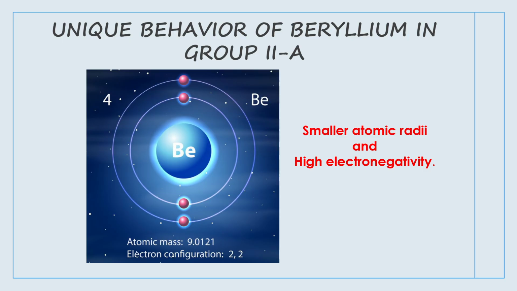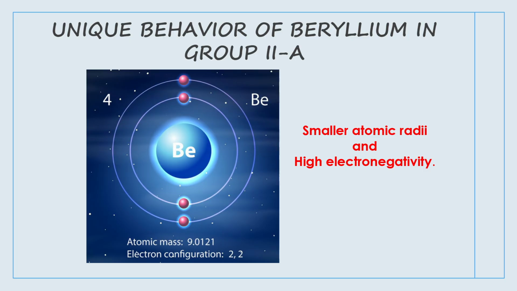Beryllium has higher chemical stability due to the formation of an oxide layer, and this oxide layer works as a protective layer and prevents it from corrosion and oxidation. And the fourth property is that it will form covalent bonds, and all the other elements form ionic bonds. Now, how can you attempt this question in your board examination?